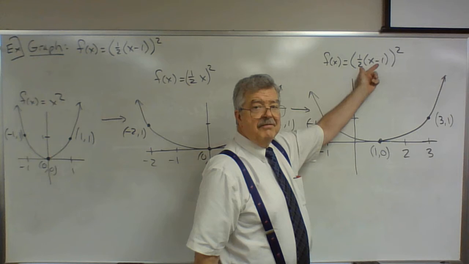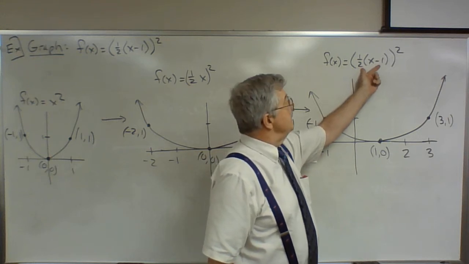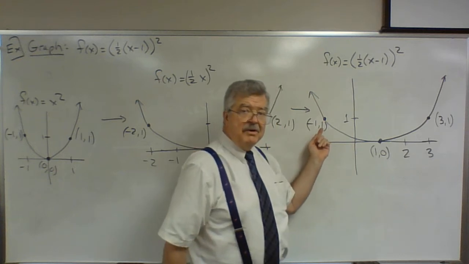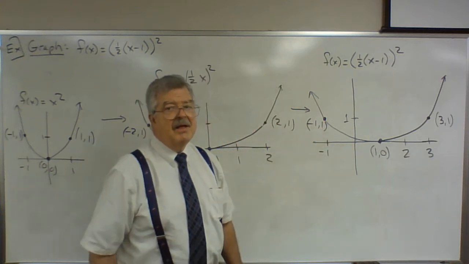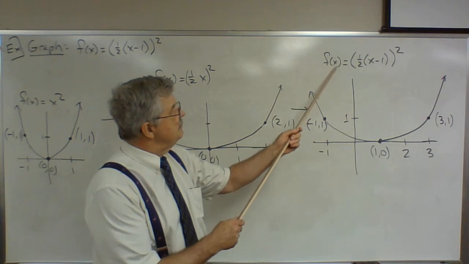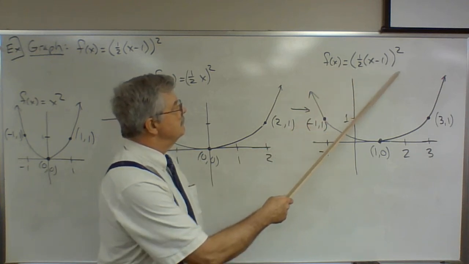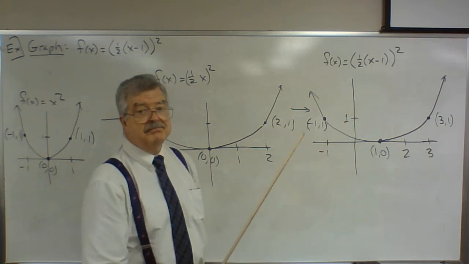Negative 2 times a half is negative 1. We take negative 1 and square it, we get positive 1, which is the y coordinate. Okay. This is what the graph of f of x equals 1/2 x minus 1 squared looks like.